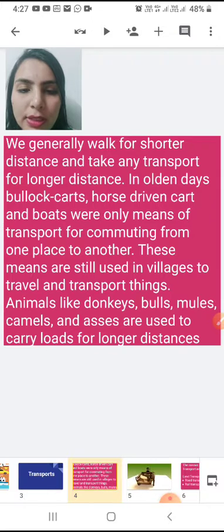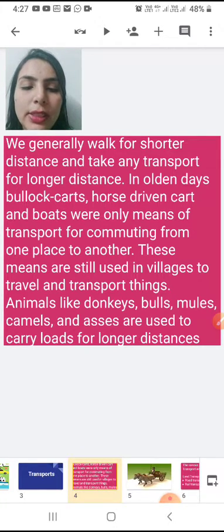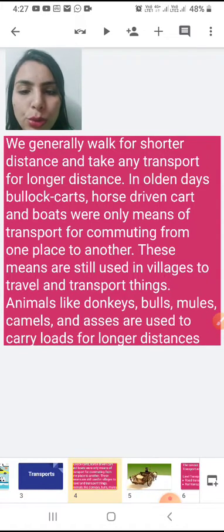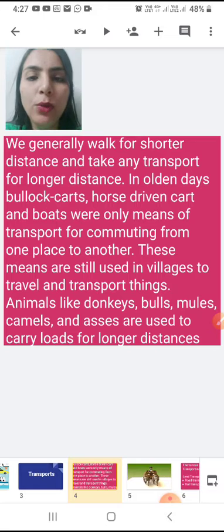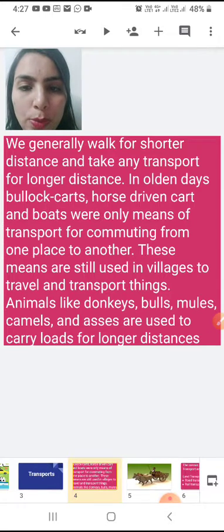These means are still used in villages to travel and transport things. Animals like donkeys, bulls, mules, camels, and asses are used to carry loads for longer distances.